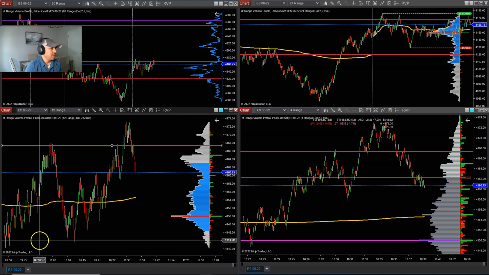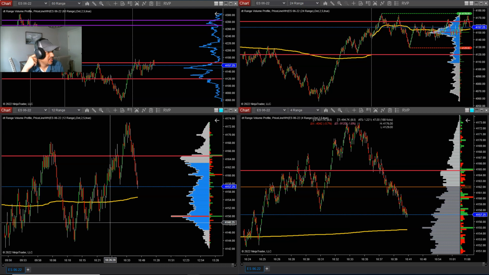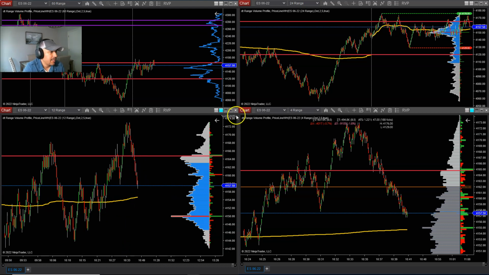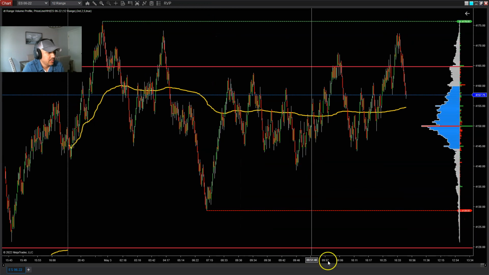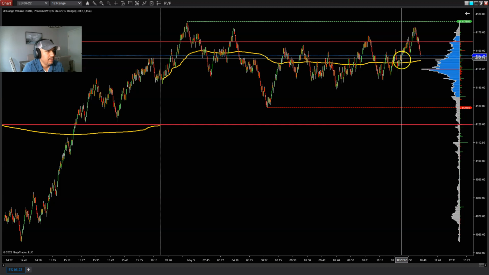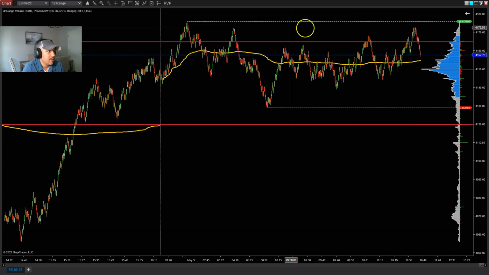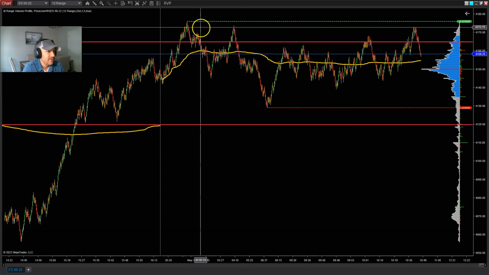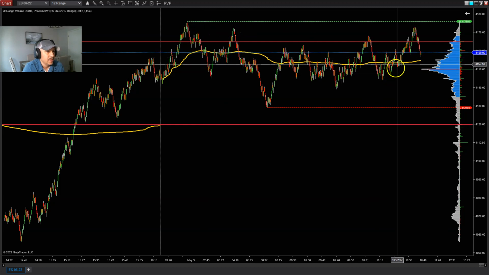It looks like price is pushing lower. But I do not want to get trapped in this stuff because look at it, just chopping sideways. Came back up here, testing these highs up here at 70, 74.